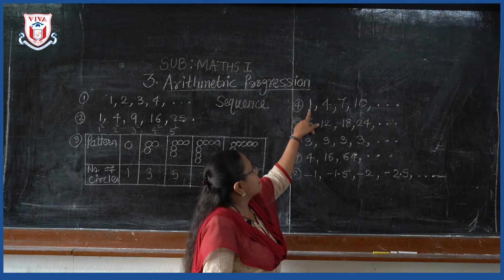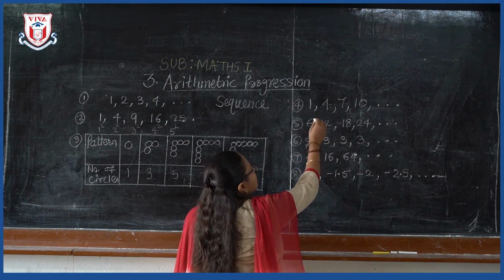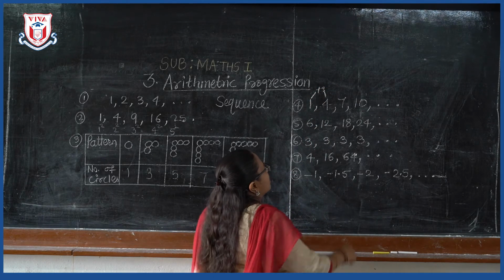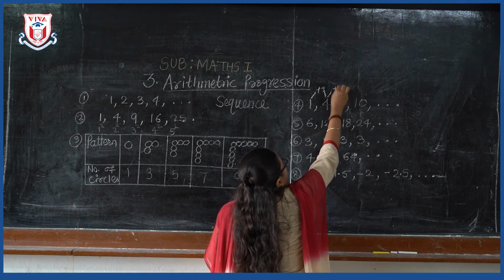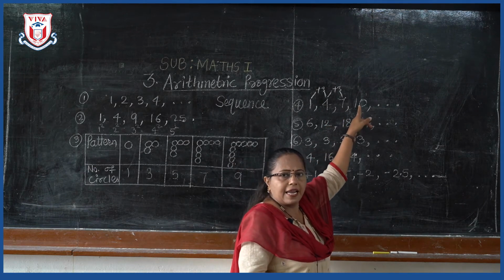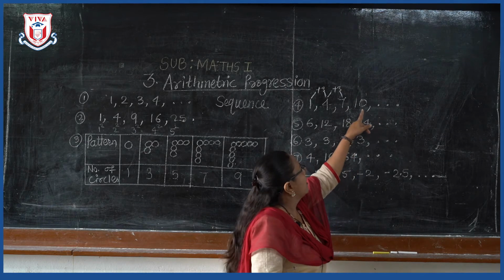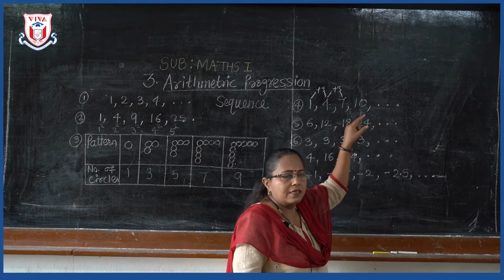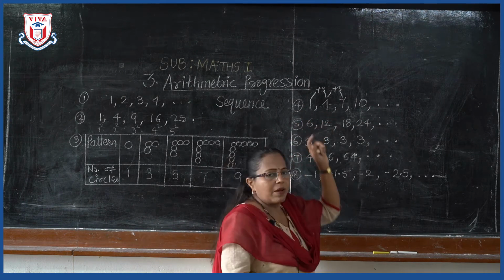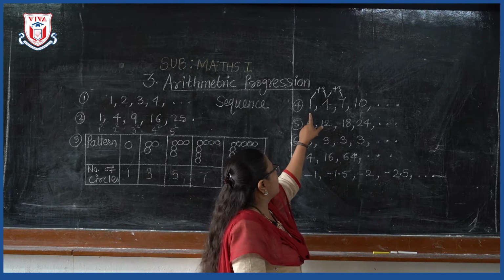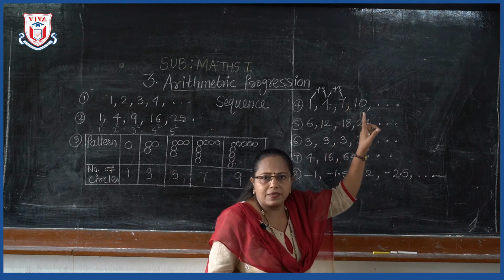If you add 3 to the first number, 1 plus 3 you will get 4. Then 4 plus 3 you will get 7. 7 plus 3, 10. Like this you can find out the next number. 10 plus 3, 13. 13 plus 3, 16. So here they have a particular order between them. So these numbers are called a sequence.